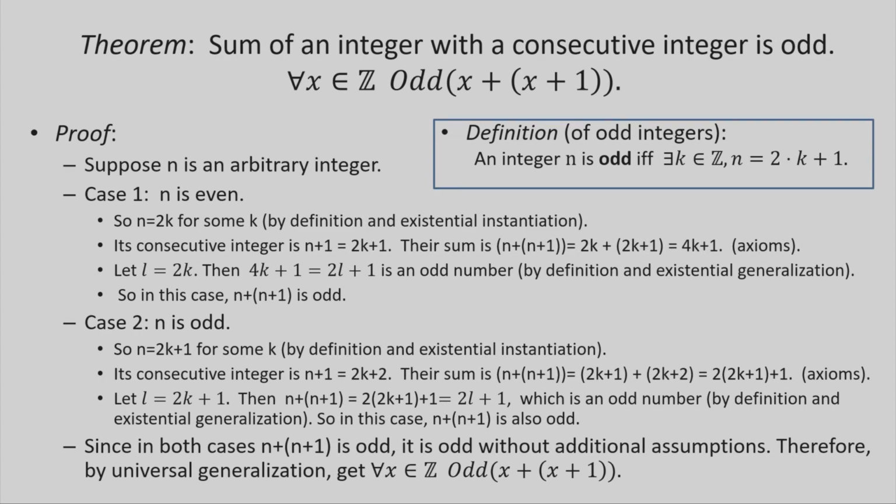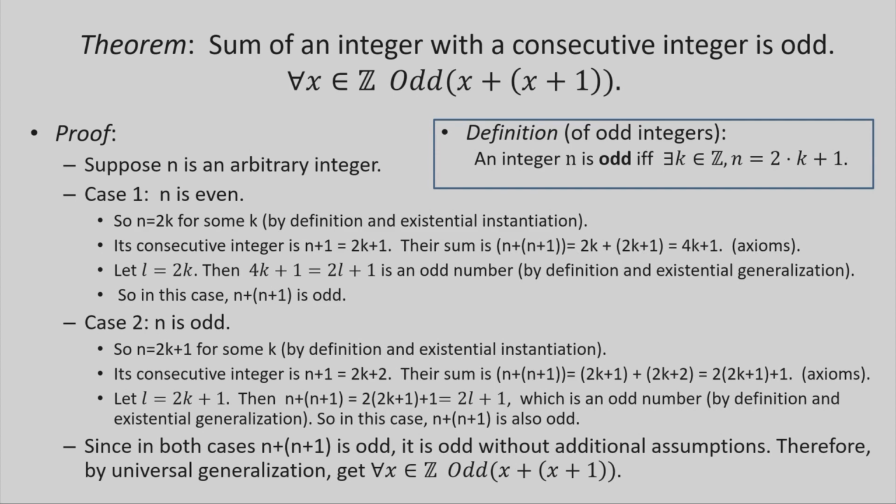Now suppose n is not even, suppose n is odd. Again, we use the definition of odd integers, existential instantiation, to get n equal to 2k plus 1 for some k. And the next integer over will be 2k plus 2. You sum them up, you get 2 times (2k plus 1) plus 1.